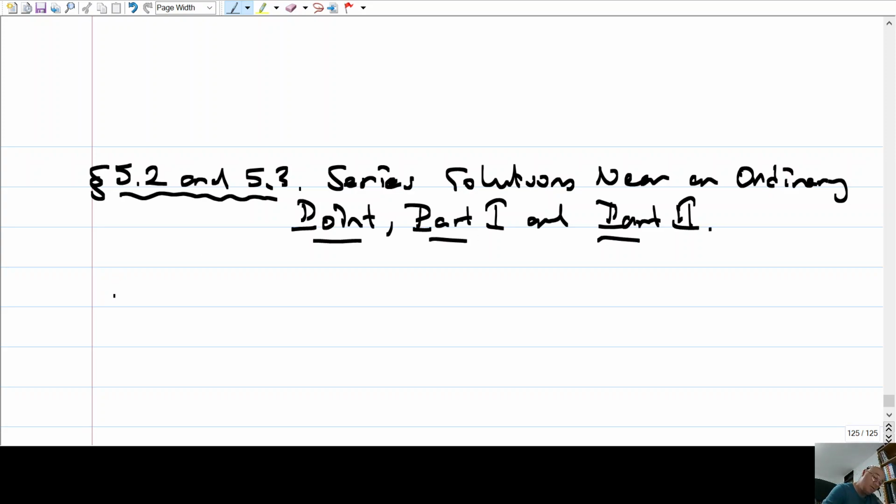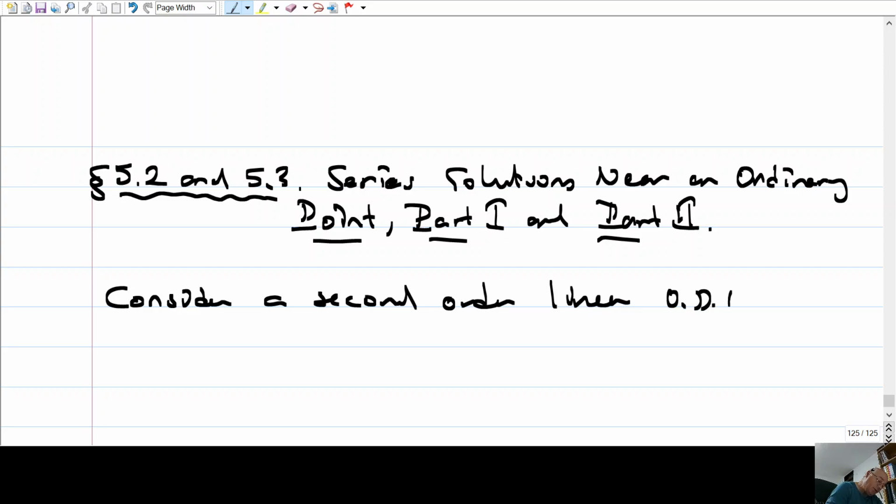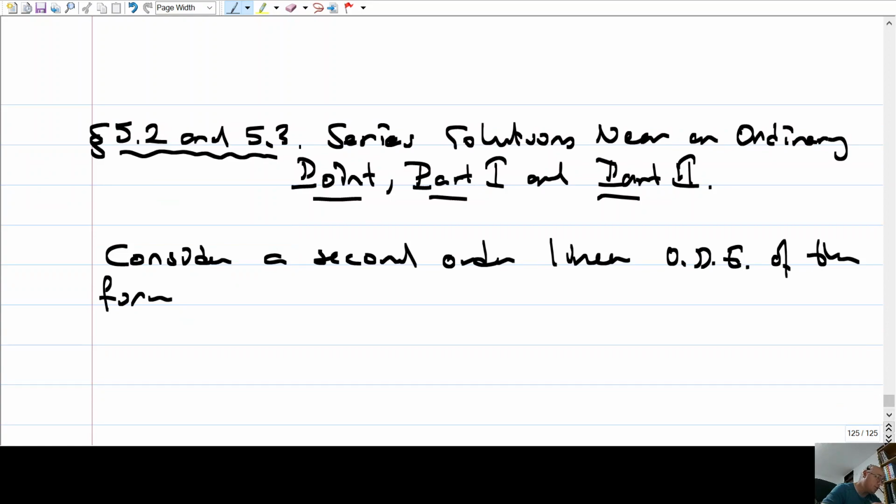So consider a second order linear ordinary differential equation of the form, so it will also be homogeneous.